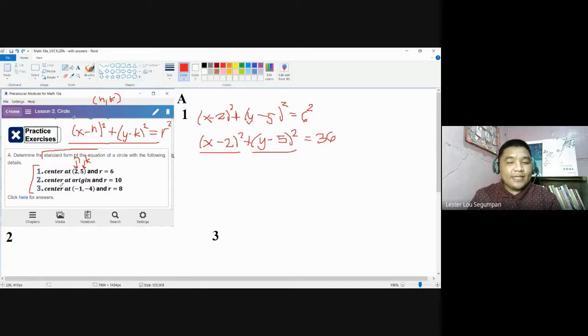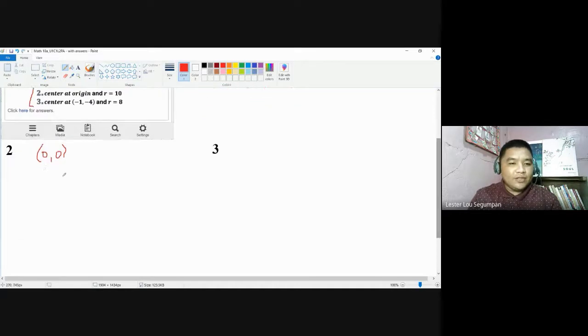It's given that the center is at the origin. We know that the origin is at (0, 0), and these values are our h and k.